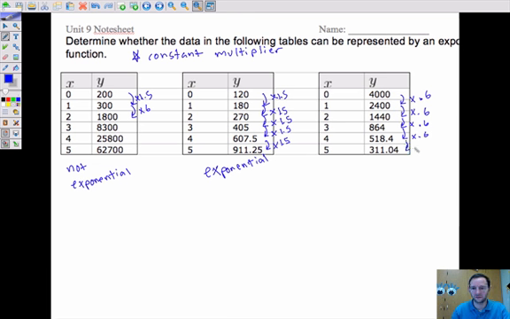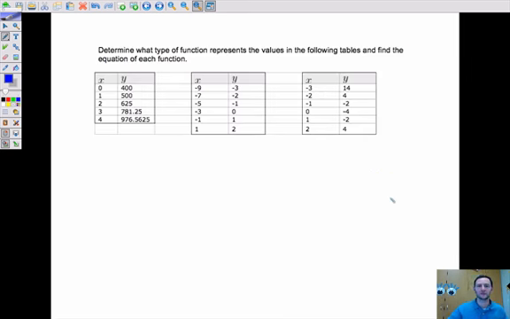And the last one's still 0.6. So this has a constant multiplier, and it's exponential.